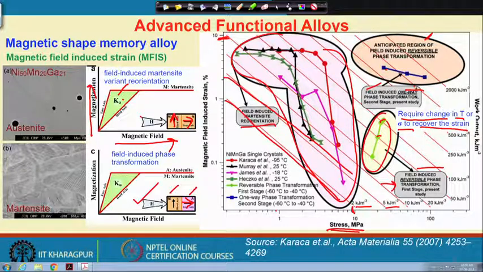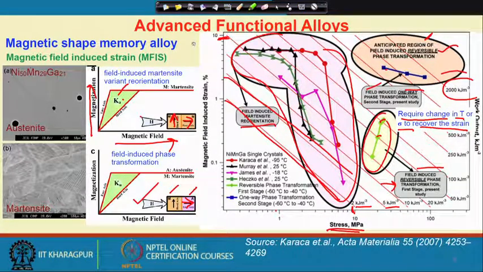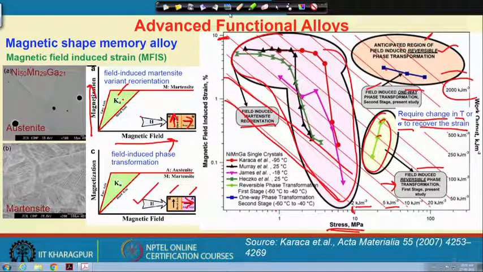But the target is to get a reversible phase transformation in this domain, so that we can get the maximum work output of 2000 kilojoule per meter cube. But people are developing these alloys day by day, and many interesting alloys or materials could be developed using these kinds of half or full Heusler type compounds, switching between austenite and martensite, to develop these ferromagnetic shape memory alloys.